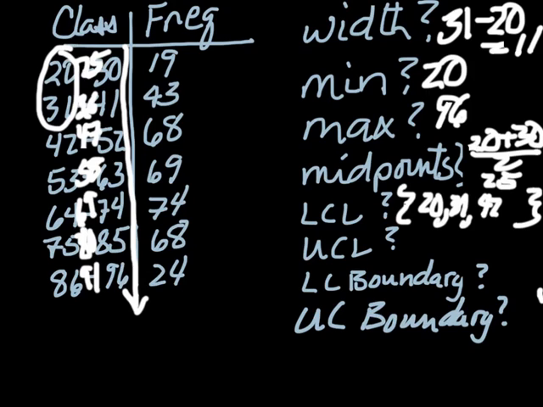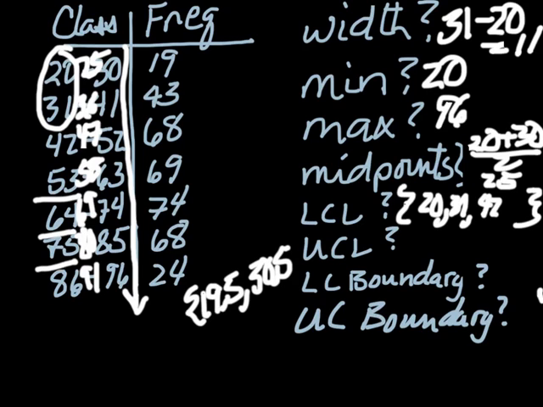So they're going to start at 19.5, 30.5, 41.5, 52.5, 63.5, 74.5, and 85.5. And then the upper class boundaries are going to be a half more. So they're going to be like 30.5, 41.5, etc., 52.5, 63.5, etc.